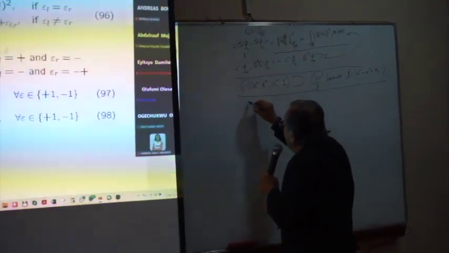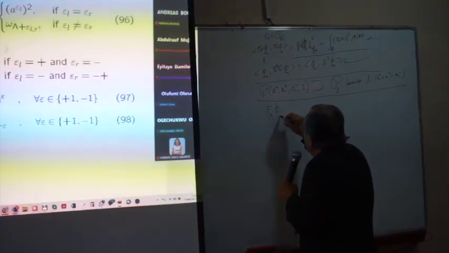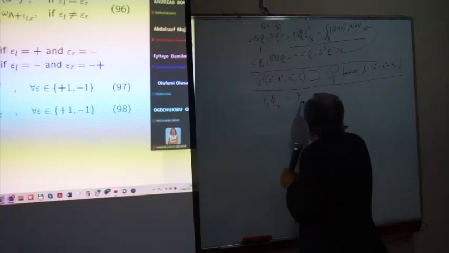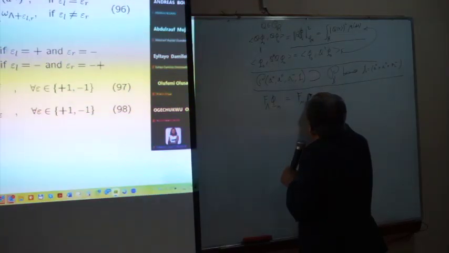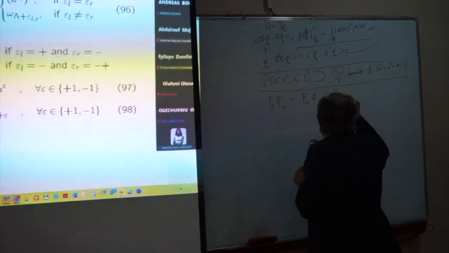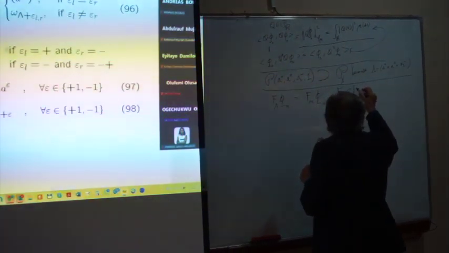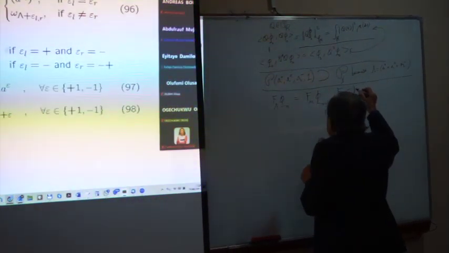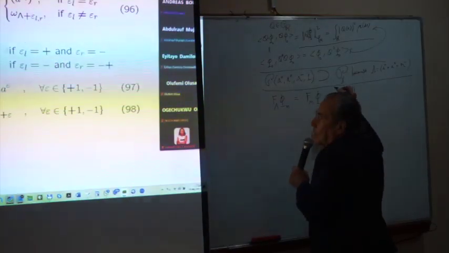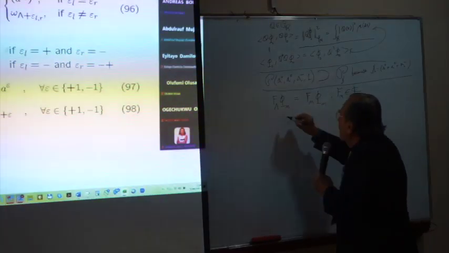Remember that I have f of lambda acting on the nth orthogonal polynomial giving f n times the same. And f n is a number, an eigenvalue of f. It can also be complex, in general it can be complex.